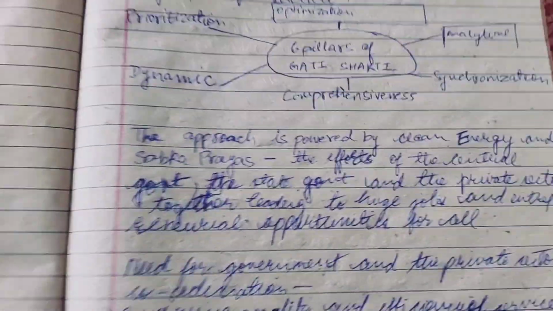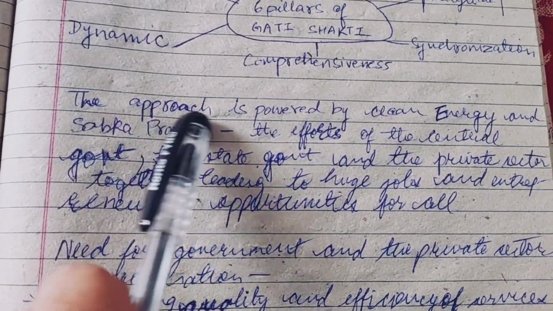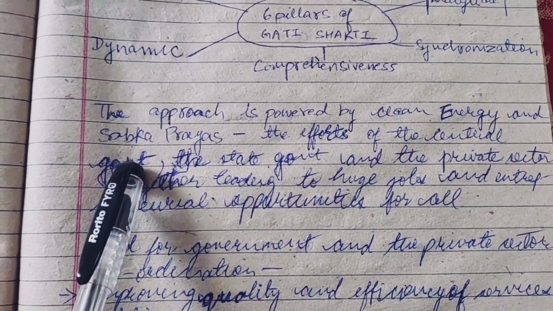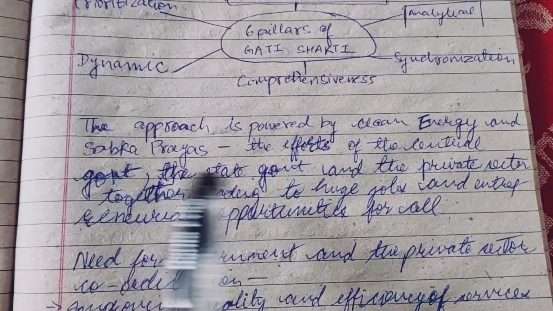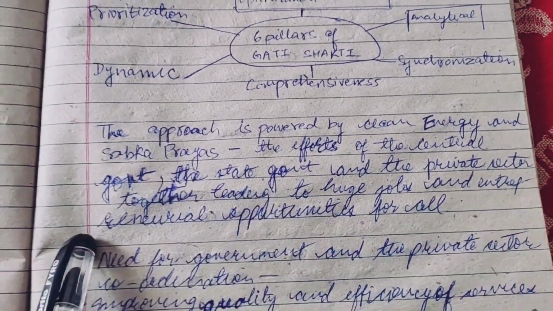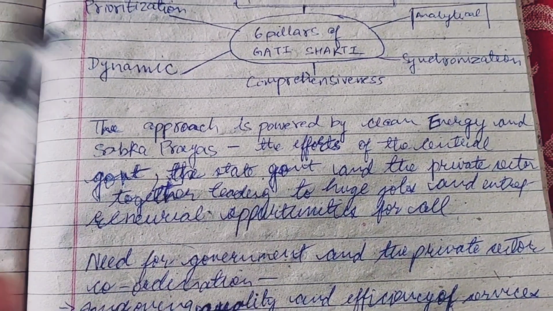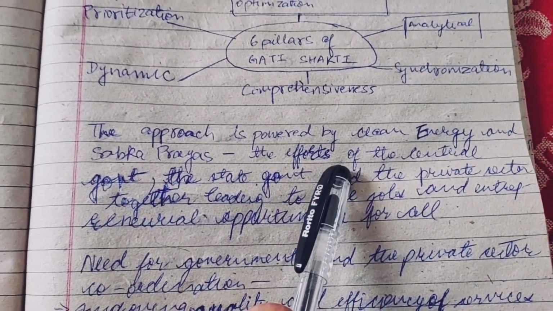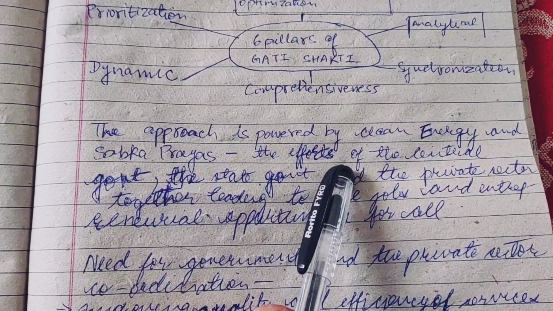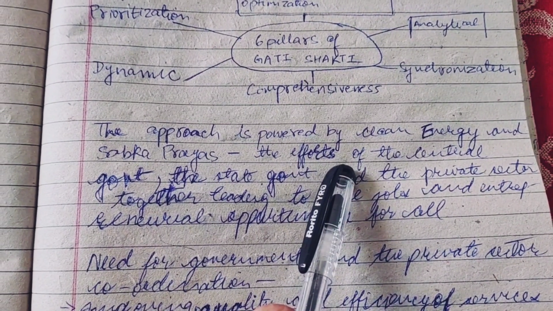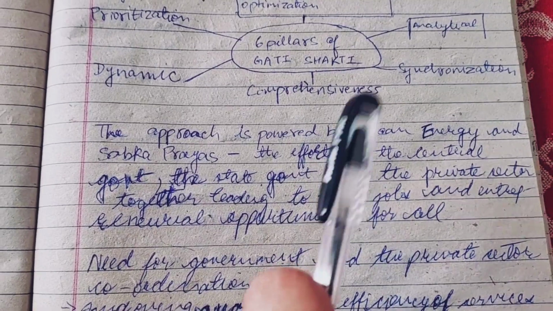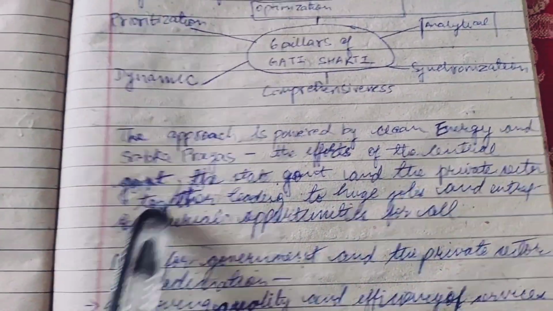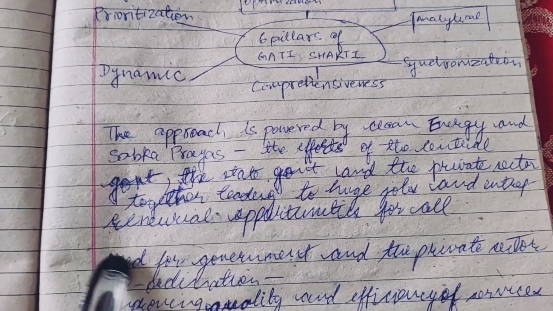Now we'll look further. The approach is powered by clean energy and sabka prayas, that is the efforts of the central government, the state government and the private sector together. So this approach is powered by clean energy, that is energy powered by renewable sources, and sabka prayas, that is the efforts of the central government, the state government as well as the private sector together.